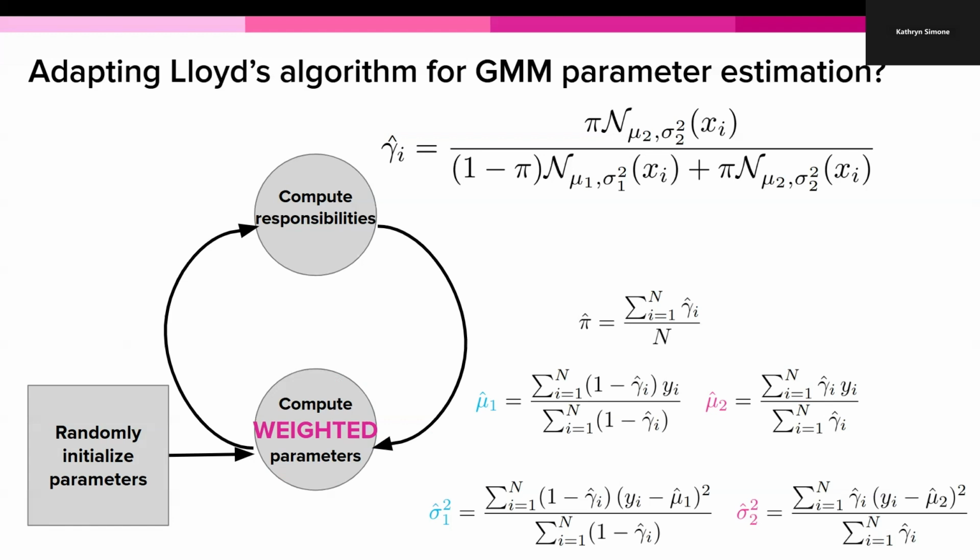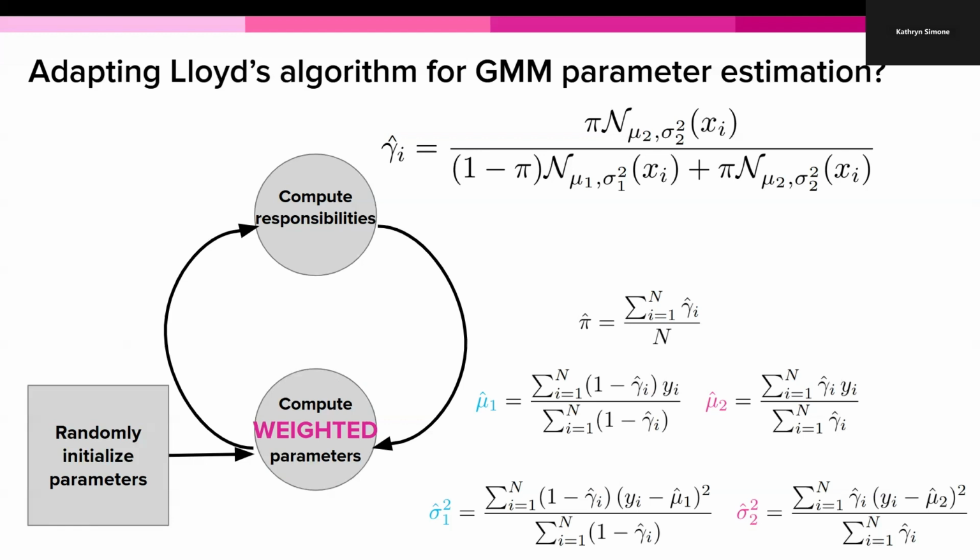On the other hand, if a point is very close to the mode, within the support of the distribution, with high responsibility, those are going to be weighted more heavily, and that's going to give them more influence on the parameter estimates. But then we're also able to flexibly handle those intermediate cases where there's a point that could have come from either mode.